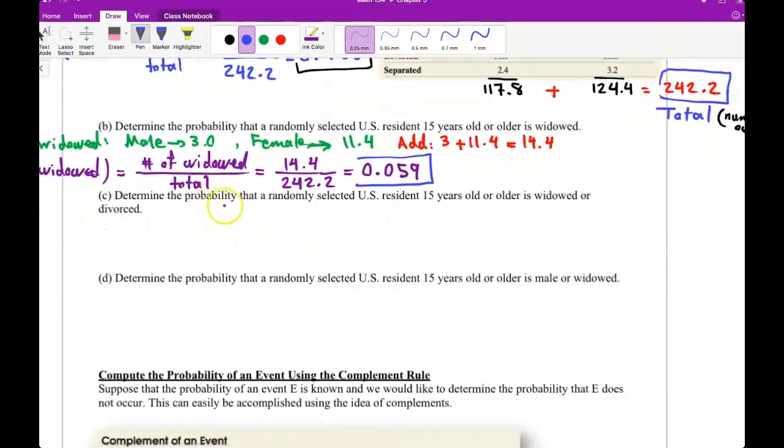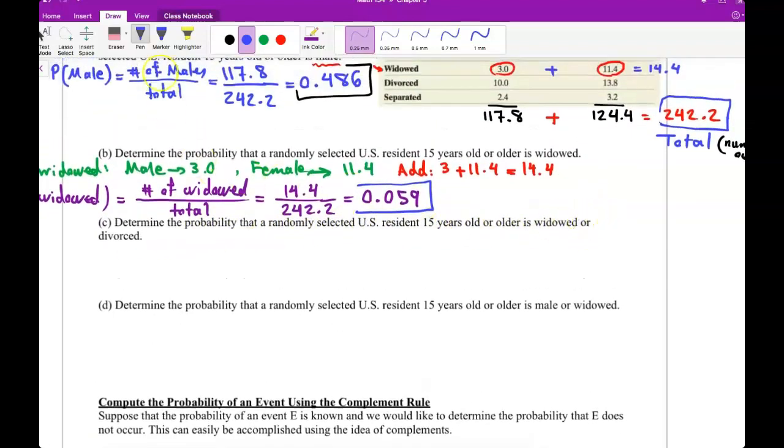Now, part C, determine the probability that the randomly selected US resident is widow or divorced. So we have or in between these two events.